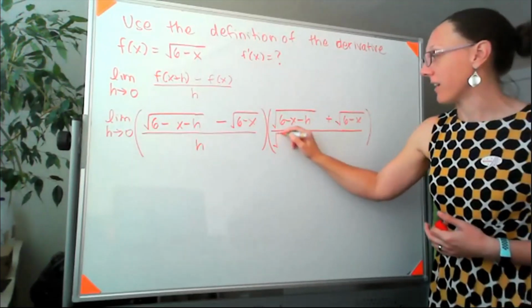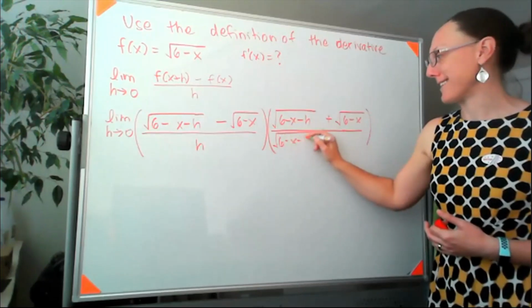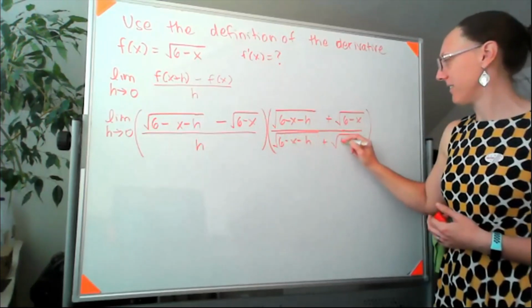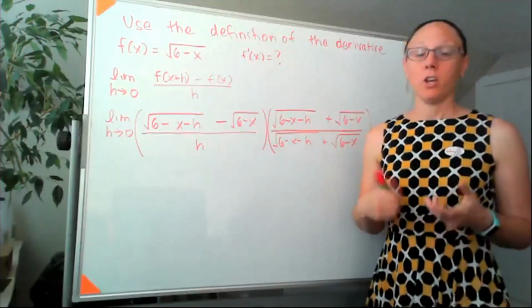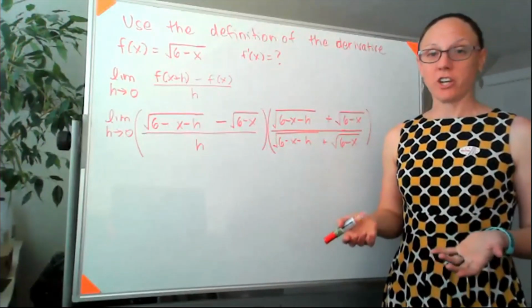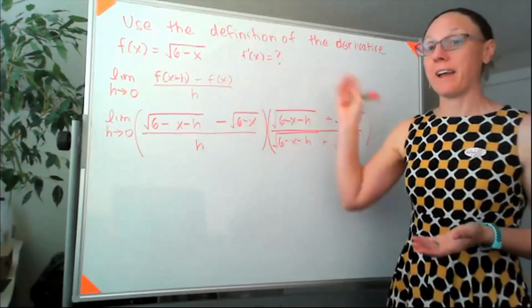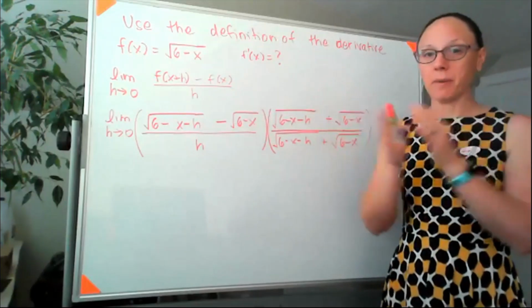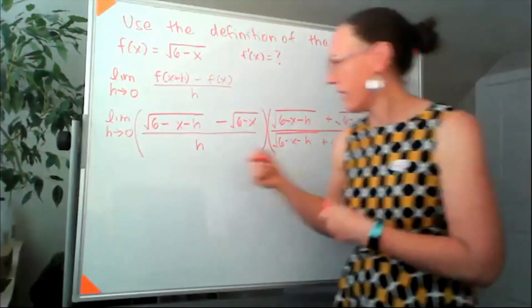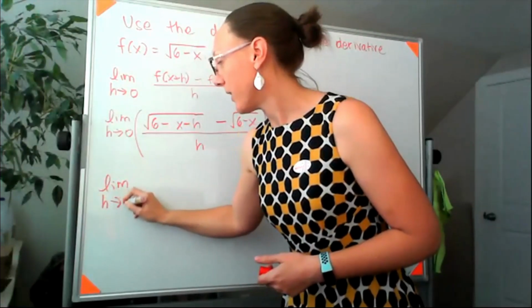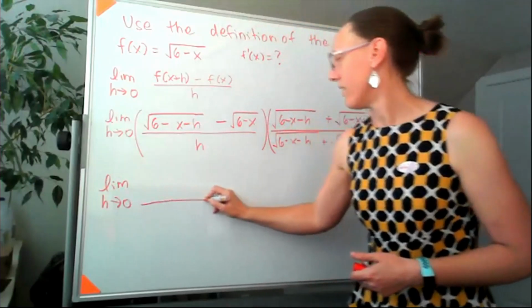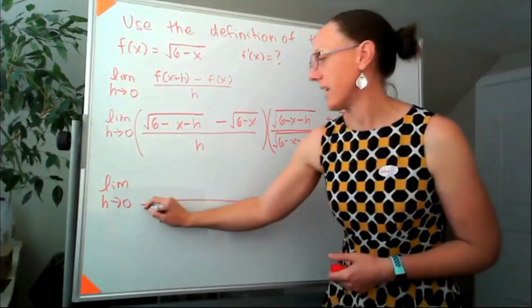And that whole thing will be over exactly the same thing again. The whole reason that we multiply by the conjugate is so that when we distribute that numerator out, the middle terms cancel, leaving us hopefully with something that's going to factor nicely.